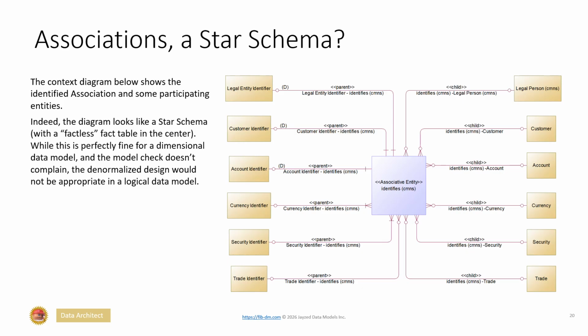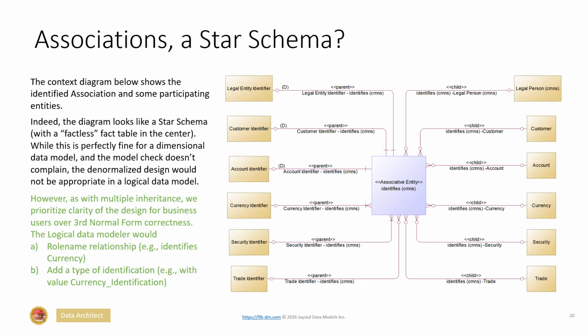Now this is fine for a dimensional data model, and the model integrity check in PowerDesigner doesn't complain. But the denormalized design may not be appropriate in an LDM for an operational database. However, just like we have seen with multiple inheritance, we prioritize the clarity of the design for business users over third normal form correctness.